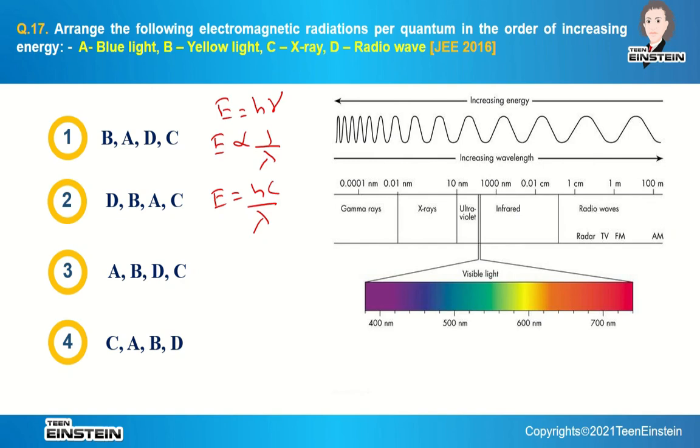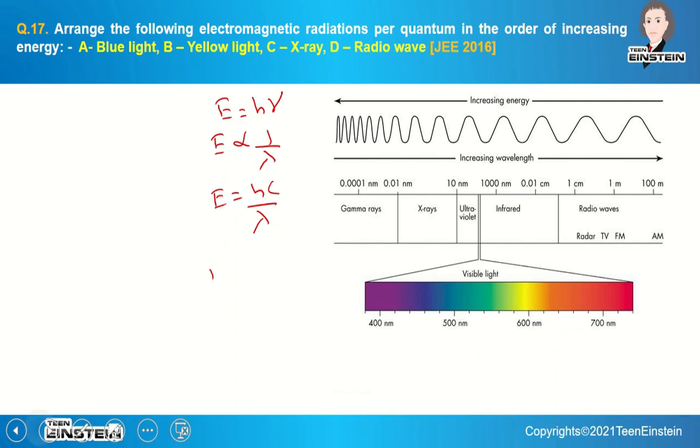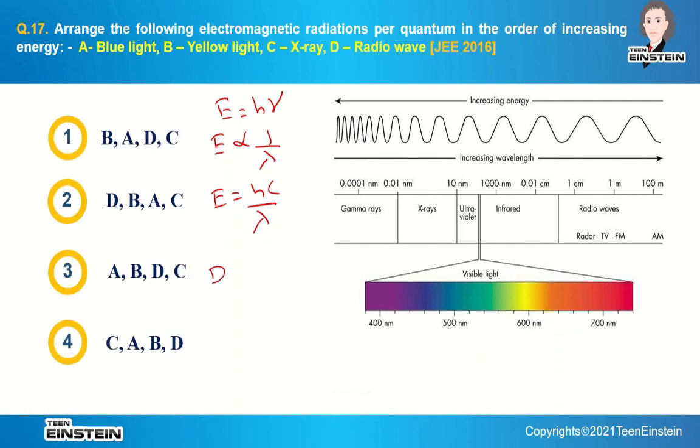So here the order of energy will be, the least one will be D. Your radio wave will have lesser energy in comparison with the yellow light, because yellow light is around the range of 600 nanometers, in comparison with the blue light, which comes over here in this region. So blue light, A, is still lower in energy in comparison with the X-rays.